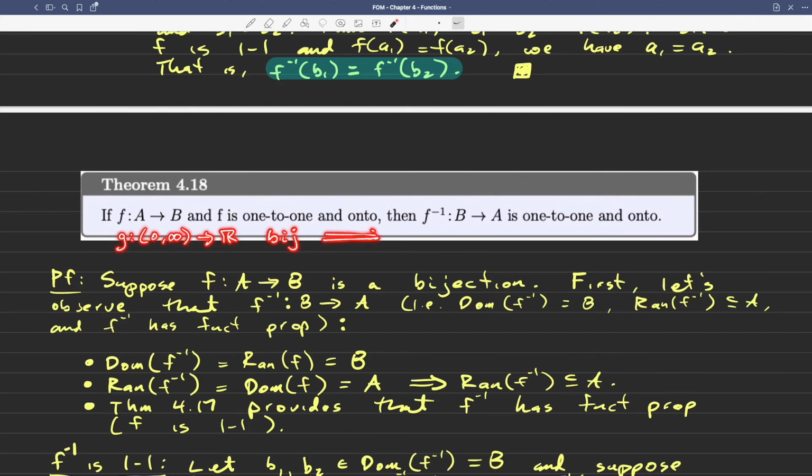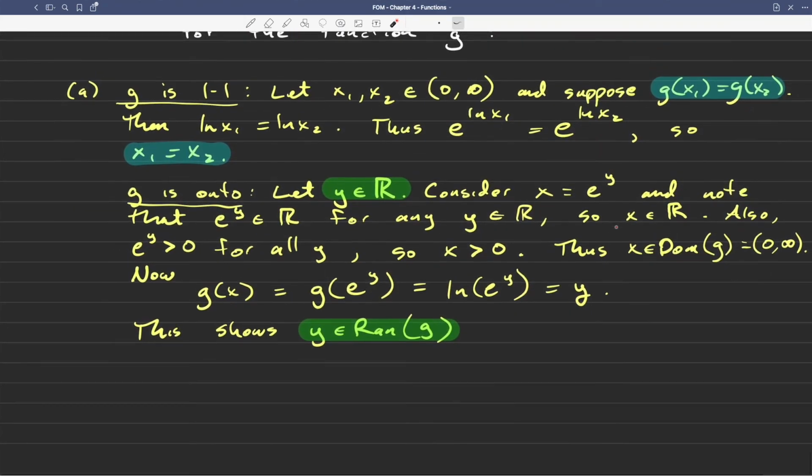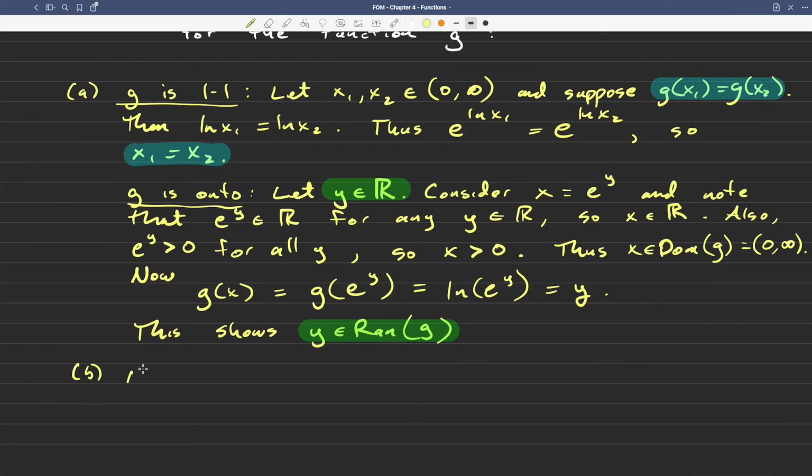So that tells us that g's inverse, whatever it is, goes from R to 0 to infinity and is a bijection. So applying 4.18 here, it tells us that g inverse, which will map from the real numbers to the positive reals, is a bijection.